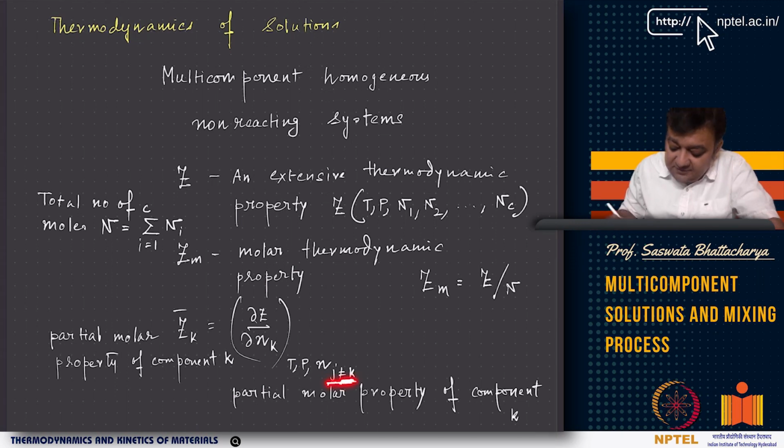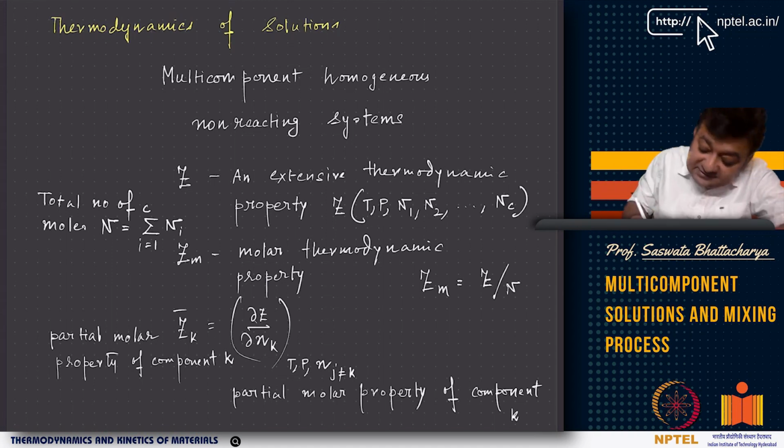So the only mole number that I am changing or varying is the mole number of component K, and as a result I want to see the variation in Z, the extensive parameter. Remember, I am looking at the variation in the extensive parameter, not the variation in the molar thermodynamic property.